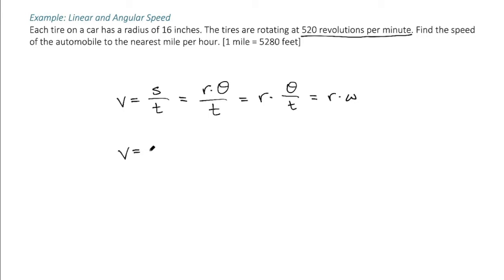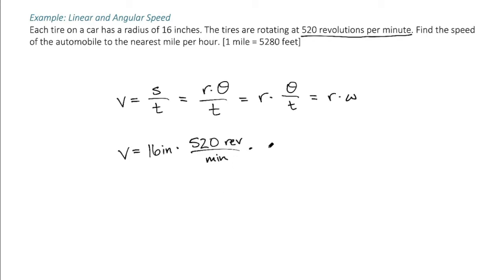I'm going to go ahead and use that here. Linear speed is the radius, which is 16 inches. I'm going to write that in so I don't forget that I'm in inches. 16 inches times my angular speed. Now my angular speed here is 520 revolutions per minute. I don't really like measuring in revolutions so much as in radians, so let's convert from revolutions to radians.